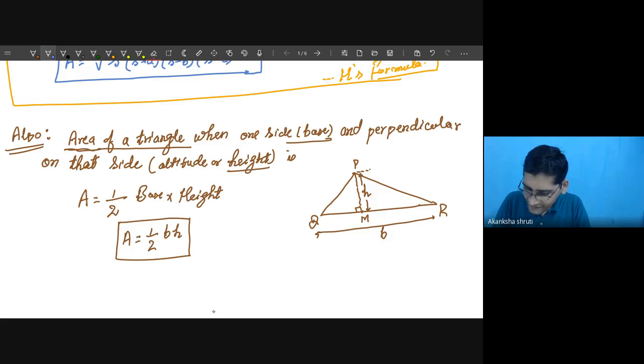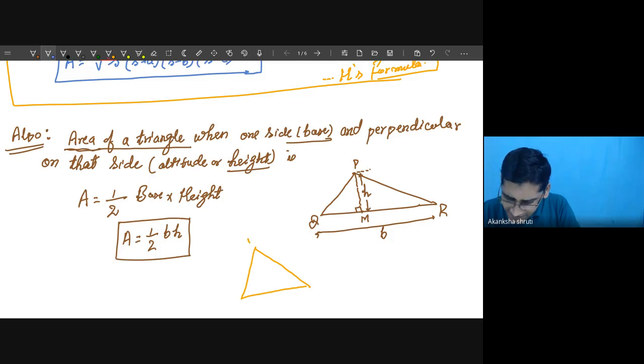So we may take another kind of triangle, need not be an equilateral triangle. In this case, consider this as ABC. If AC is given to us, then from B we need to draw the perpendicular. Are you getting?